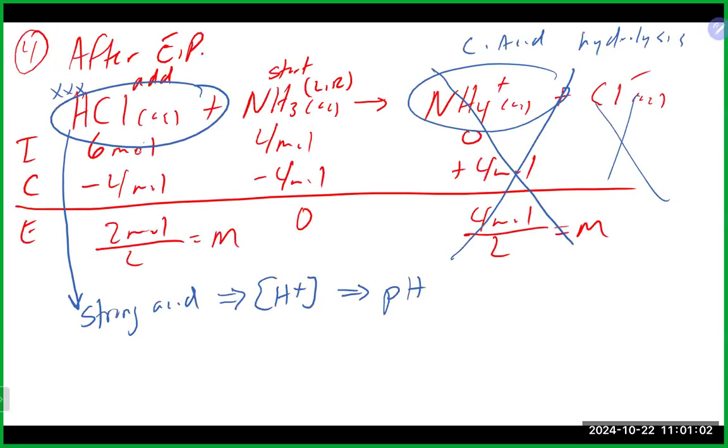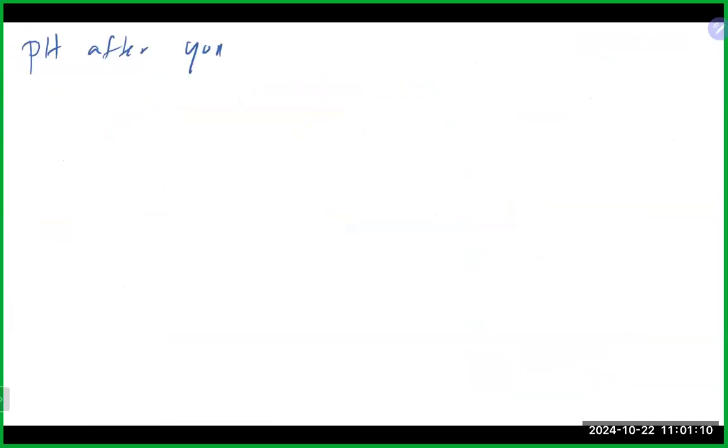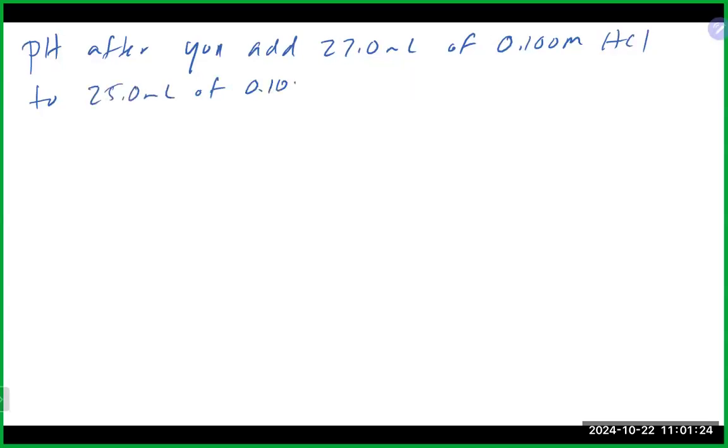All right, then let us try one here. What is the pH after you add 27 milliliters of 0.1 molar HCl to 25 milliliters of 0.1 molar ammonia?